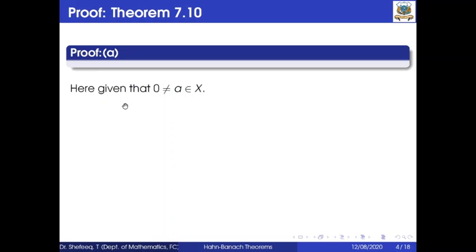Here, given that a is a non-zero element in X. Now let Y equal the set of all ka such that k belongs to K. So we have taken Y like this.